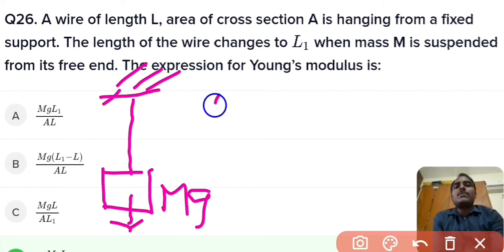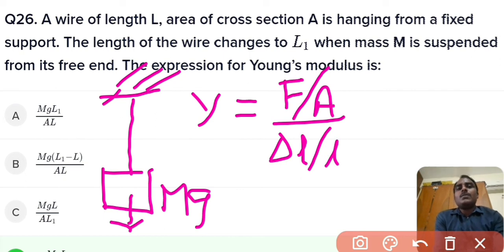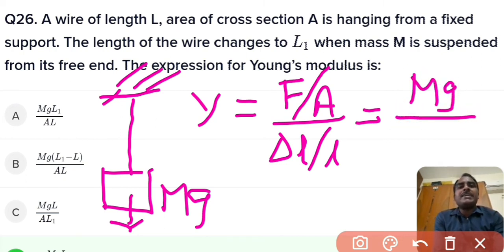Then the Young's modulus formula, it is a direct formula, stress upon strain. So stress is nothing but F by A, and strain is nothing but delta L upon L. So here F can be written, force is nothing but mg, divided by the area, which can be written directly as A itself, and into delta L. This delta L can be written as final length minus initial length.